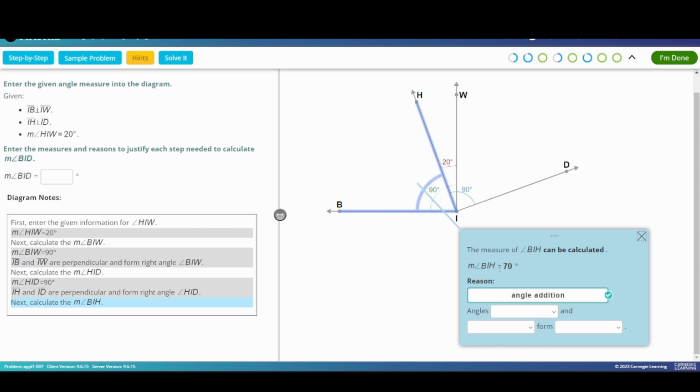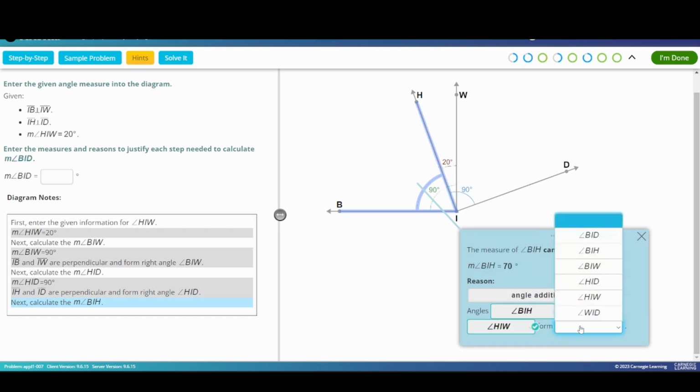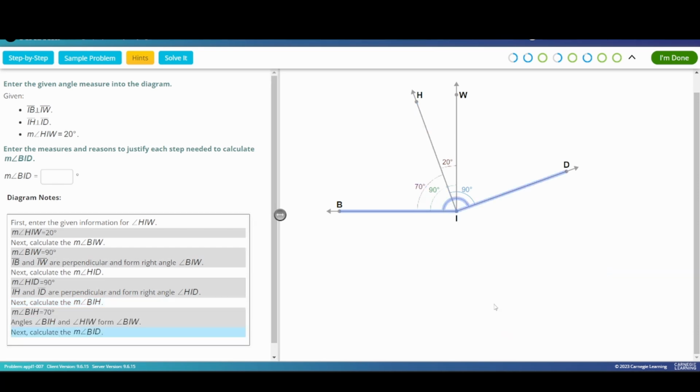And let's see, this is which angle? So angle blank and blank form the big one. So the two little ones form the big one. The little one here is BIH, and HIW, that one right there. HIW, those form BIW. So if all that's true, then what do I have?